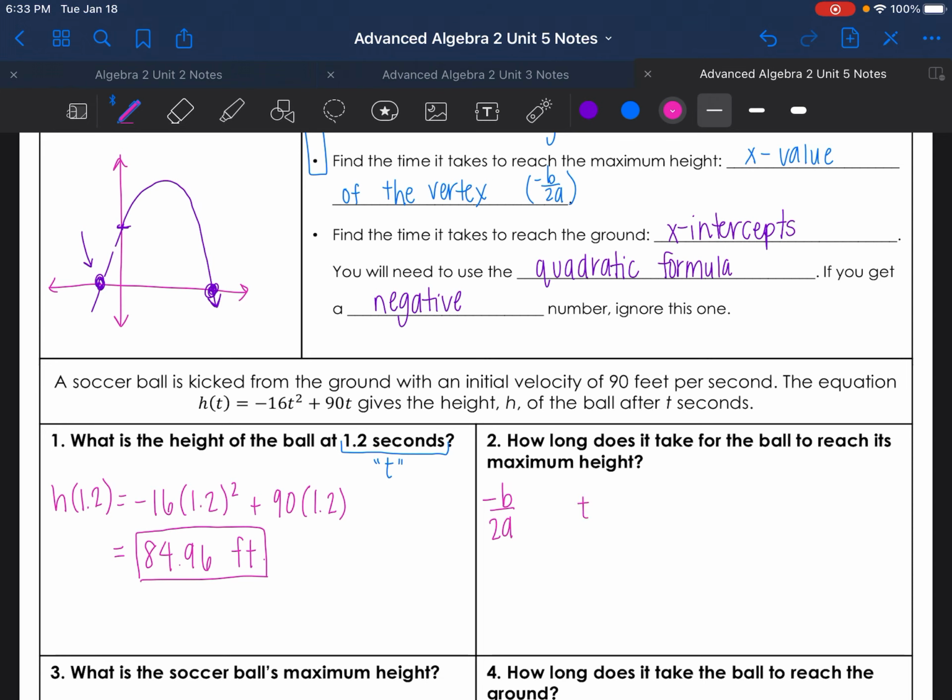I'm so used to putting x. So negative 90 over 2 times negative 16. So you can type that in your calculator, and you get 2.81 seconds. I'd like you to go at least to 2 decimal places.